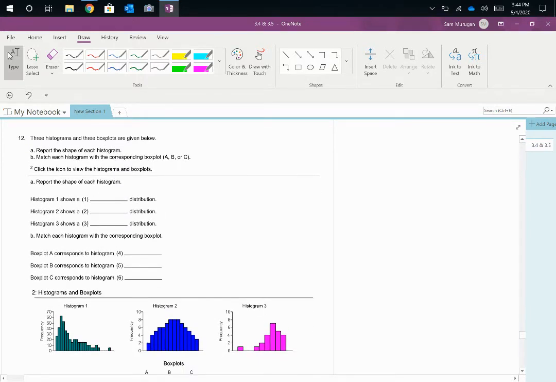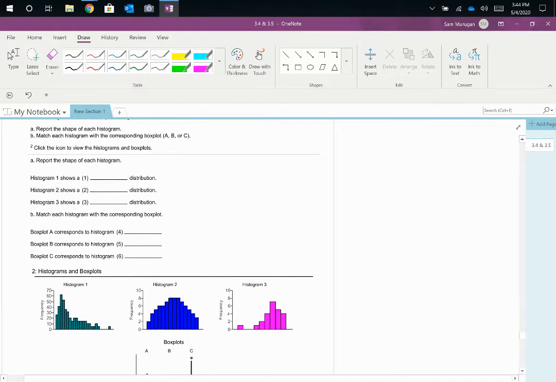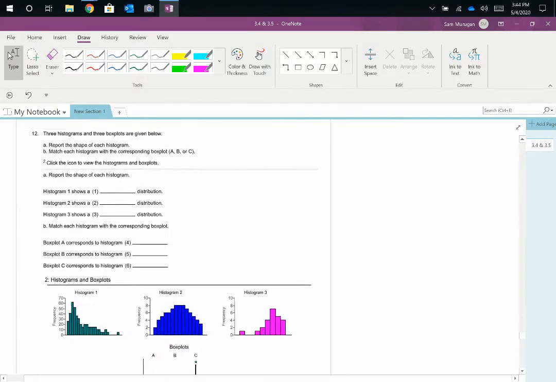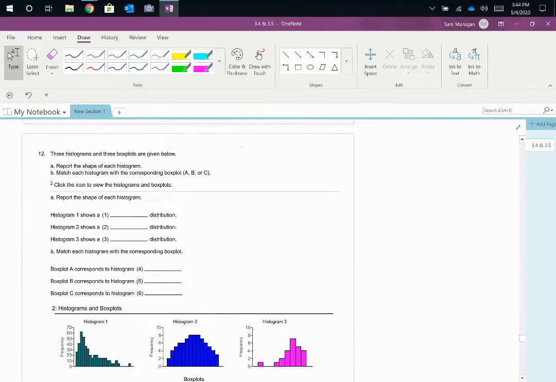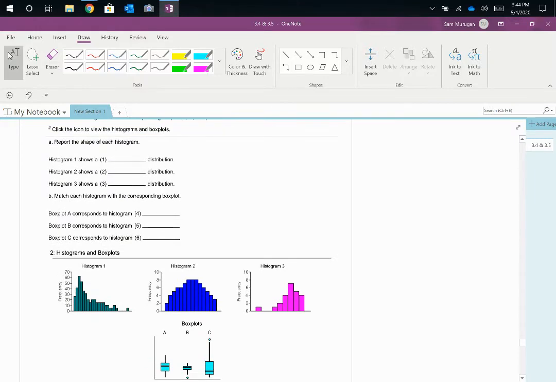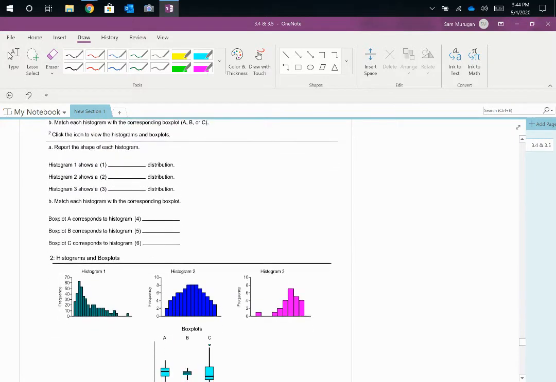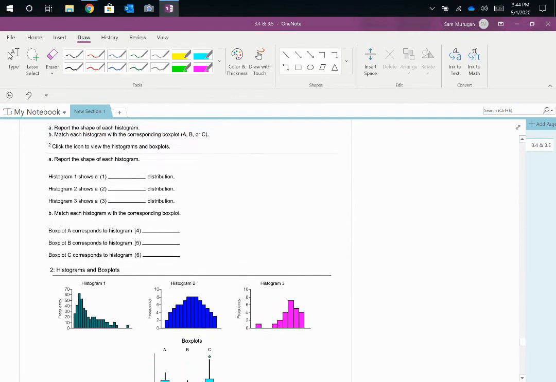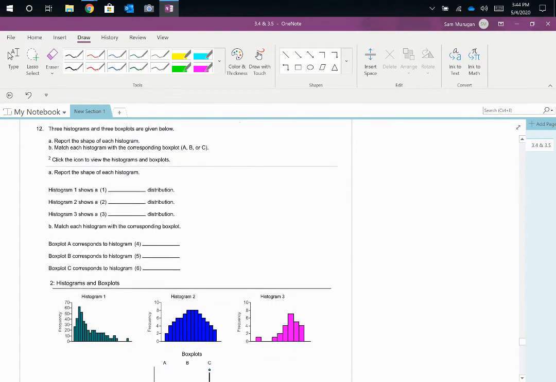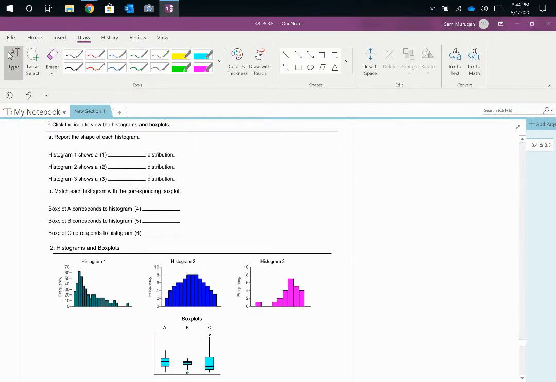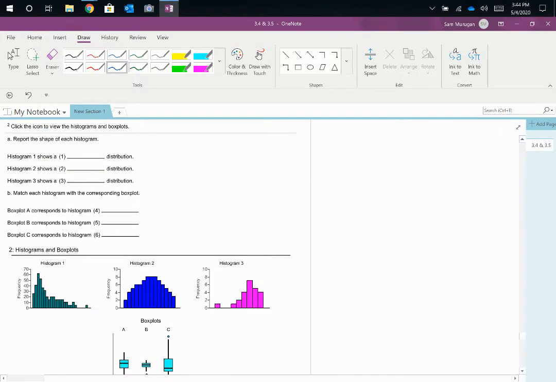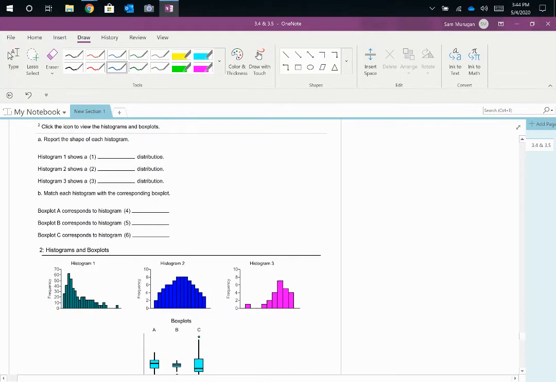Three histograms and 3 box plots are given below. Try to get them on one page here. And we have to report the shape of each histogram. So histogram 1 is right skewed.